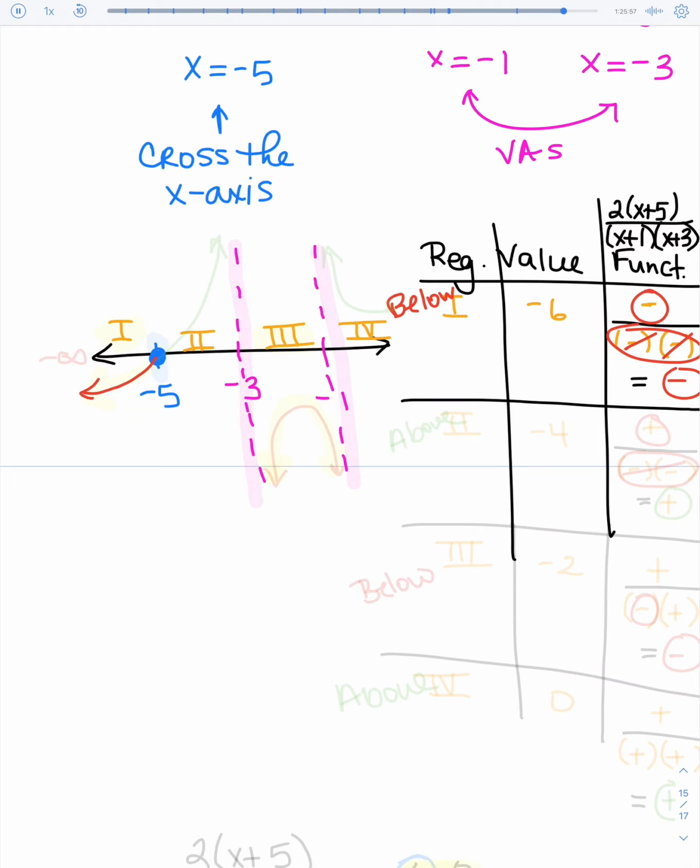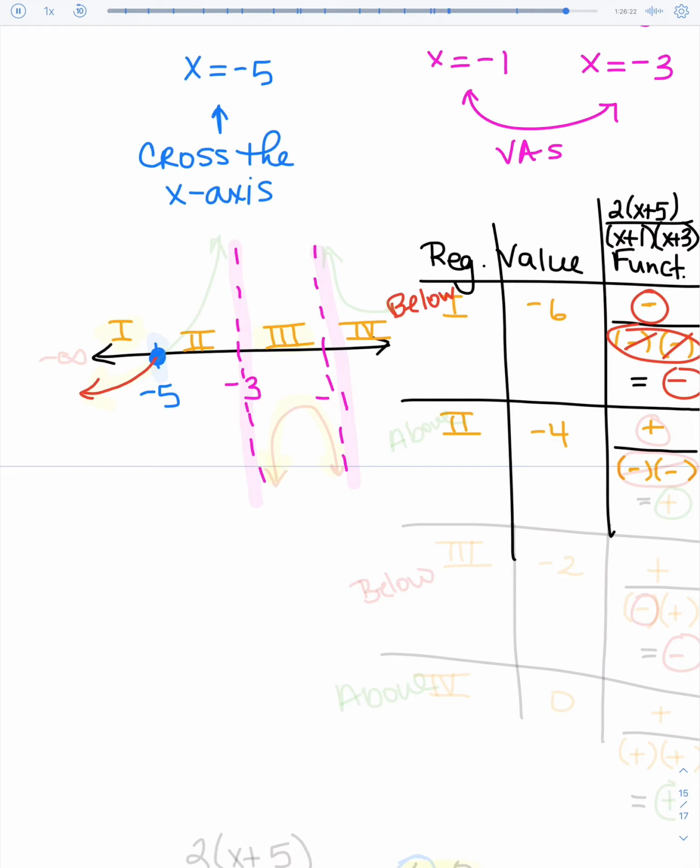Now let's take a look at region number 2, which is between the negative 5 to negative 3. Well, there's only one good number in there, is negative 4. So let's see what happens again. So plugging in negative 4 on top will actually give us a positive on top, but will give us 2 negatives on each of the parentheses pieces on the bottom.